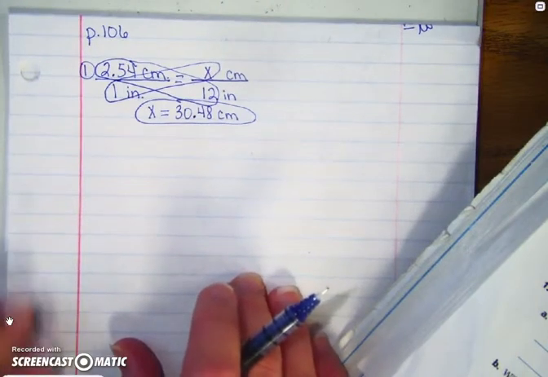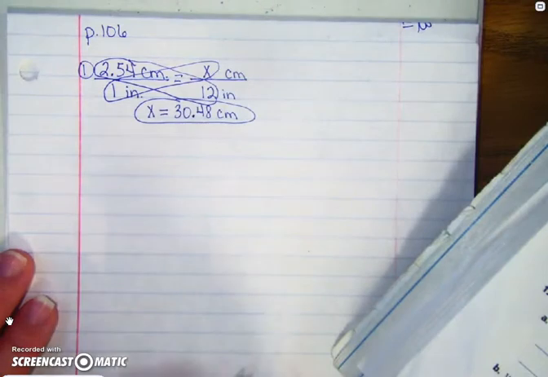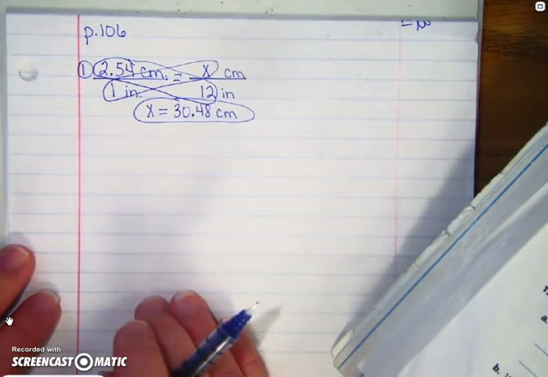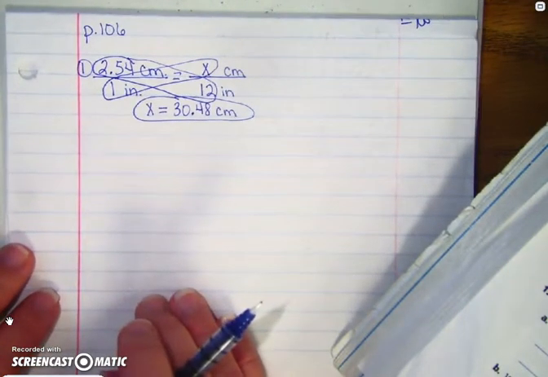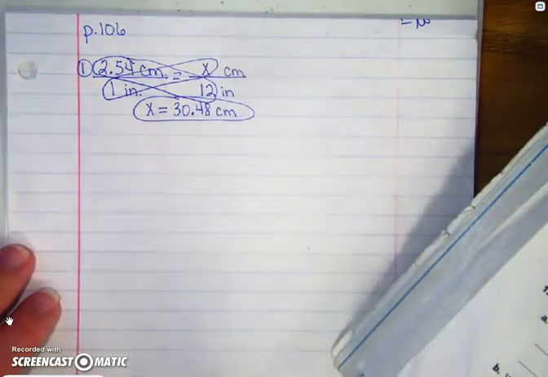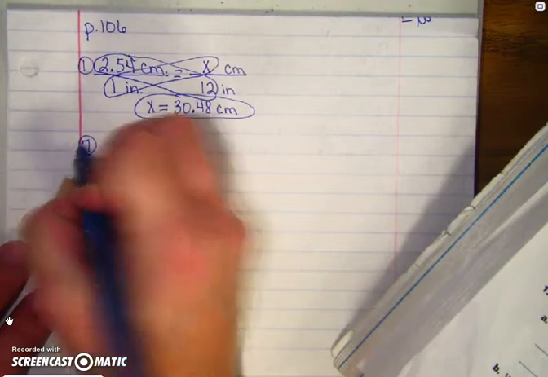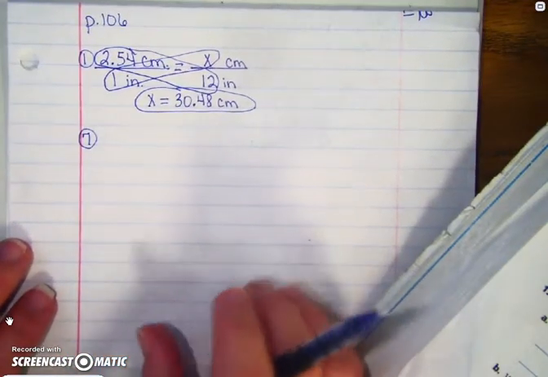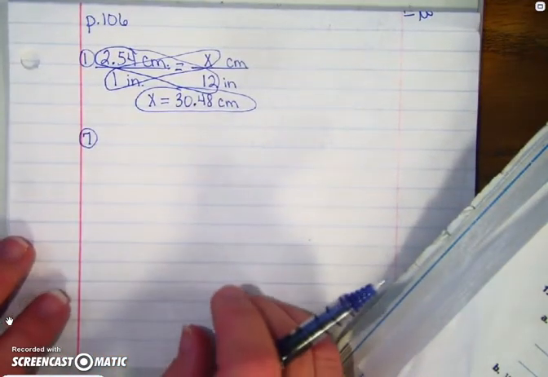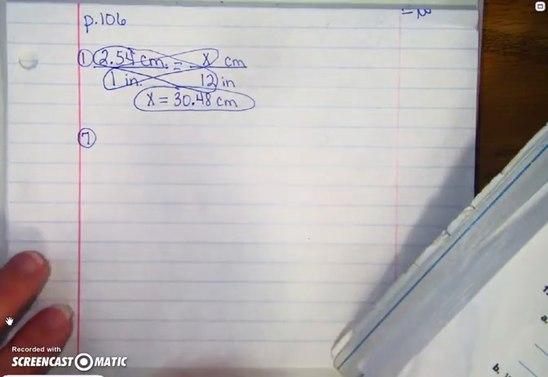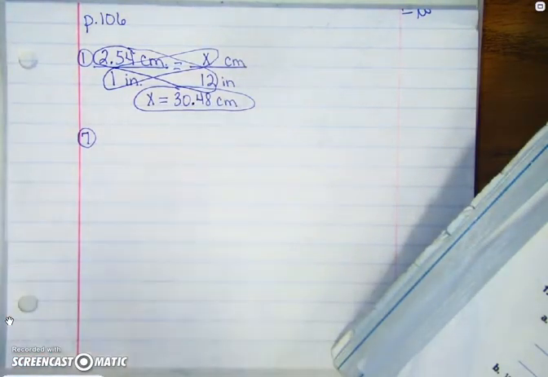We're going to go on down to the next section, convert each measurement, and we're going to look at number 7. That problem says 12 ounces is approximately how many grams?